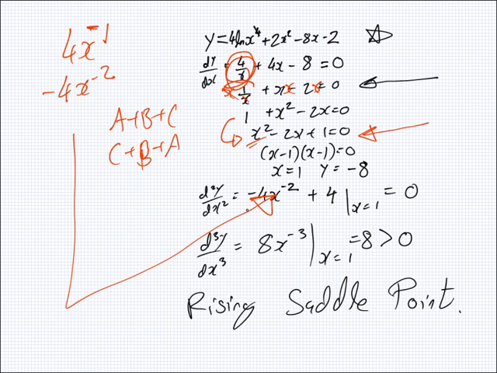We got 0, so now we need the third derivative. Then we got 8, so we're finished. Okay, write that down.